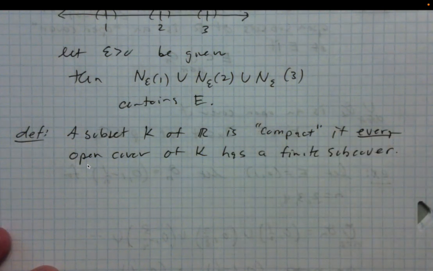So a subset K is compact if every open cover of K has a finite subcover.